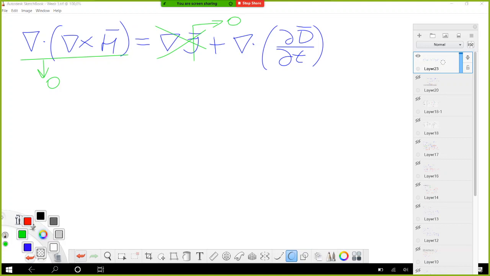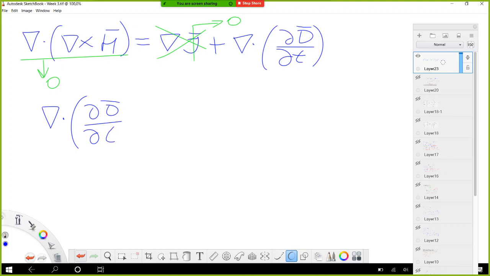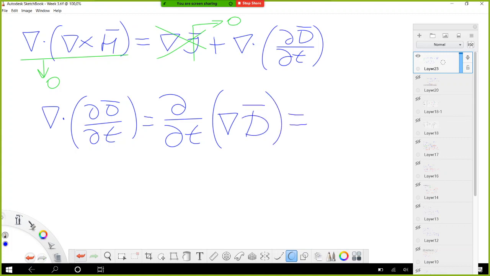So we have d/dt of the divergence of D equals 0, and it means that the divergence of D is also 0.